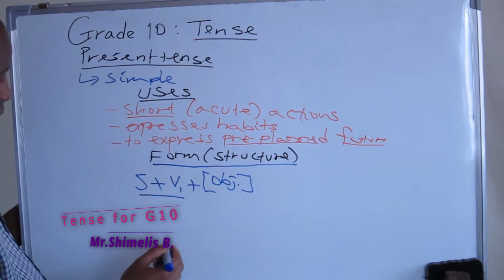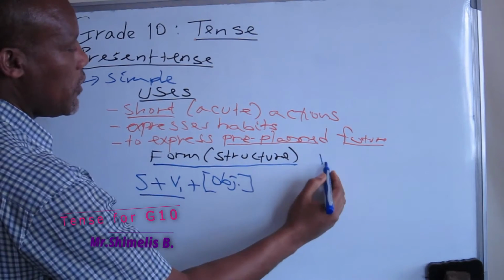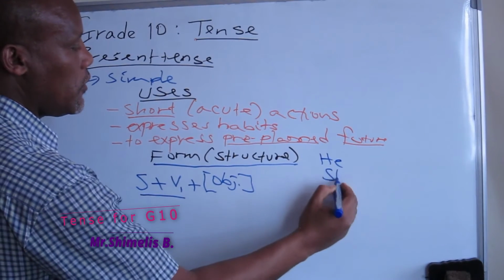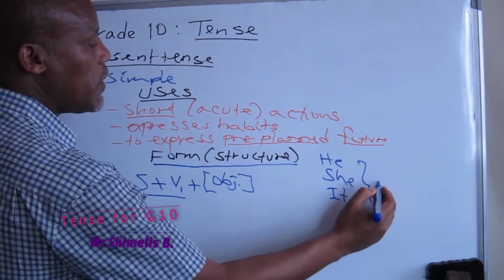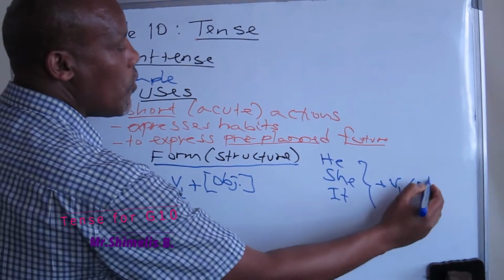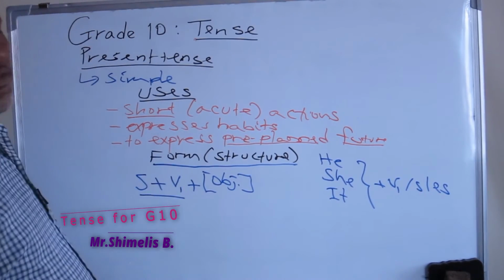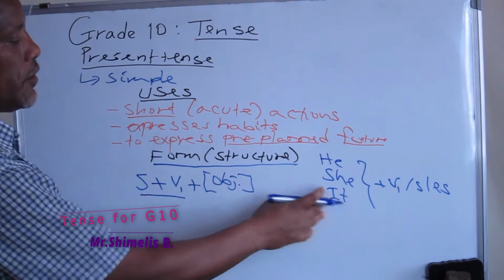And with third-person singulars, he, she, and it, we take the first form of the verb and add s or es to the end of the verb to indicate that the action is simple and the subject is singular.